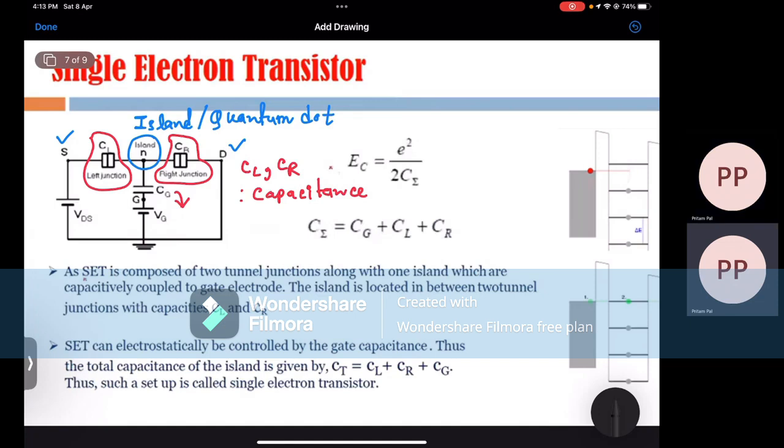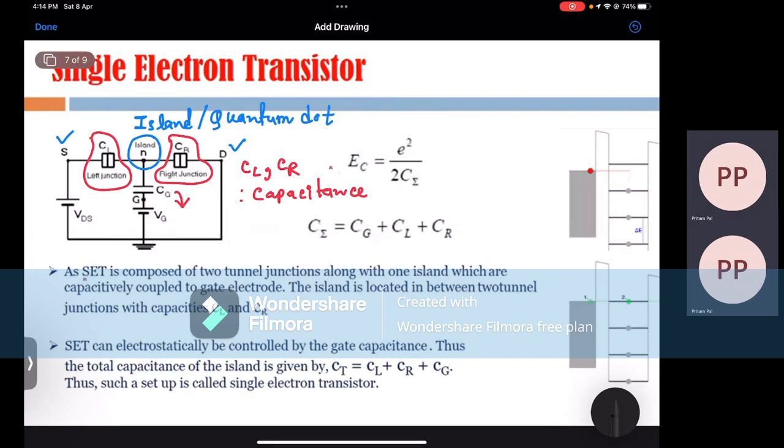So the single electron transistor is composed of two tunnel junctions, and one island which is capacitively coupled to the two electrodes, right? This island is also capacitively coupled to this gate electrode. This capacitance is shown here, and the gate voltage is shown here.